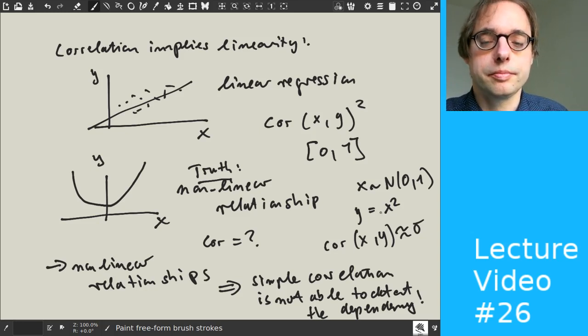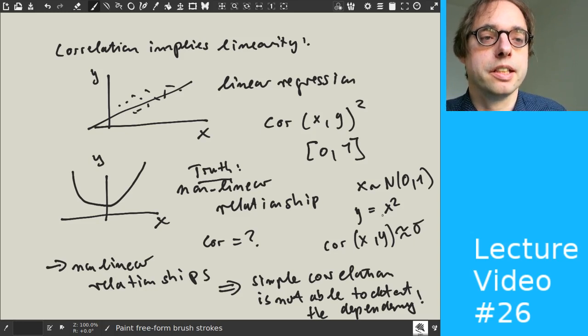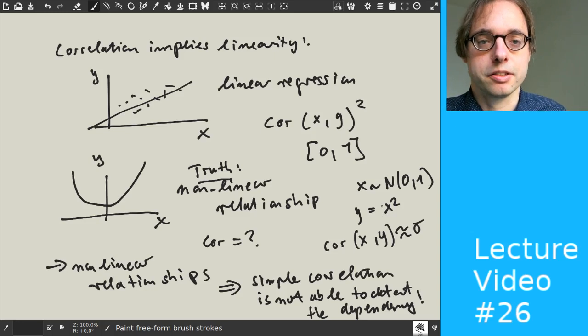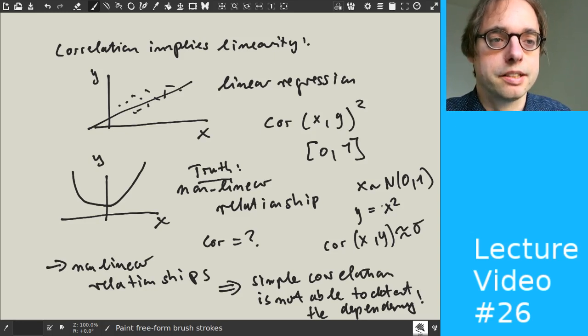So that's one thing you need to keep in mind: whenever you measure correlation, you will only find the linear dependencies.